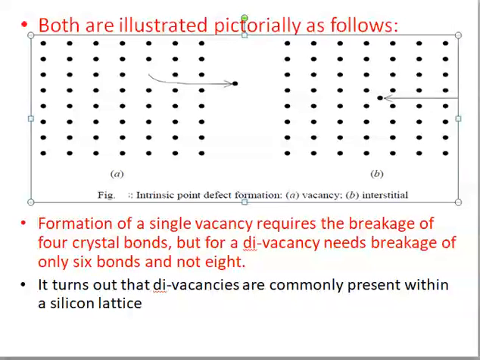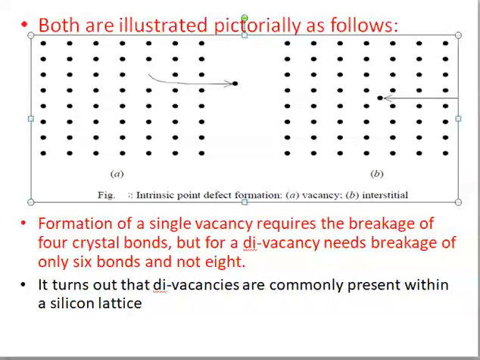So whenever you want to create a single vacancy, you have to break 4 bonds. Because if you look at diagram A, the point where this atom is removed, you can see that it is surrounded by 4 neighboring atoms. So you need to break 4 bonds before you can form a single vacancy.